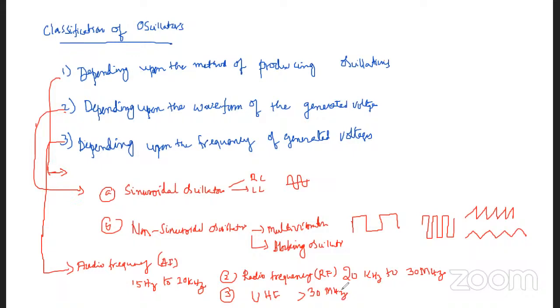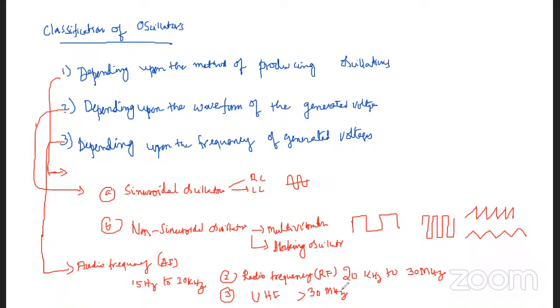So this is the classification of oscillators: one depending upon the method of producing oscillations, second depending upon the waveform generated, and third depending upon the frequency generated. These are the three broad classifications of oscillators.